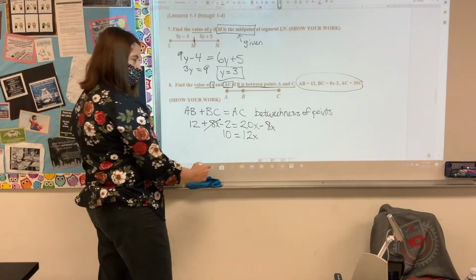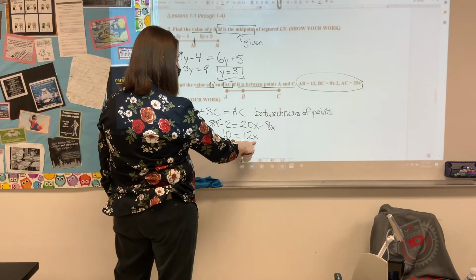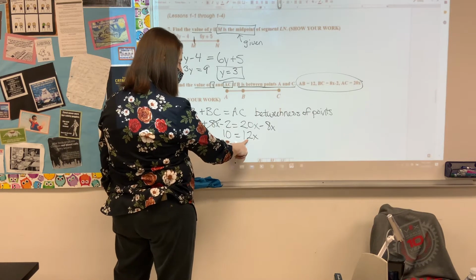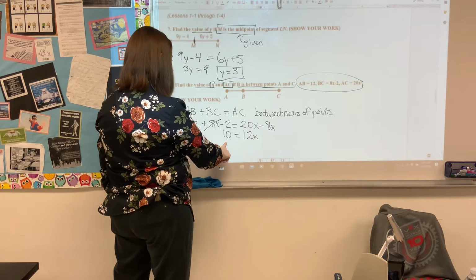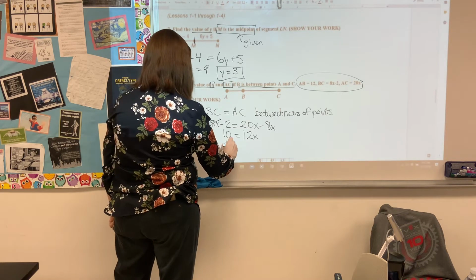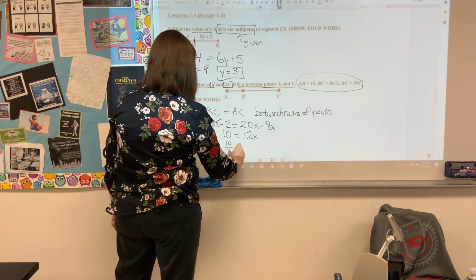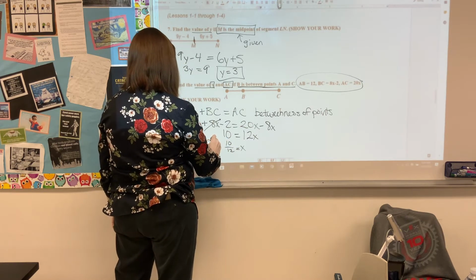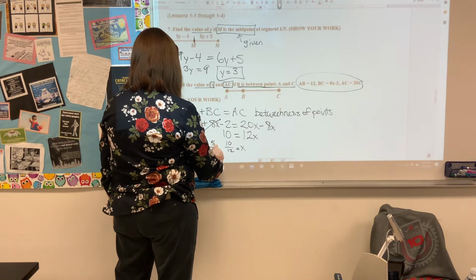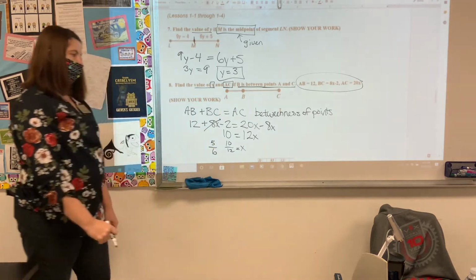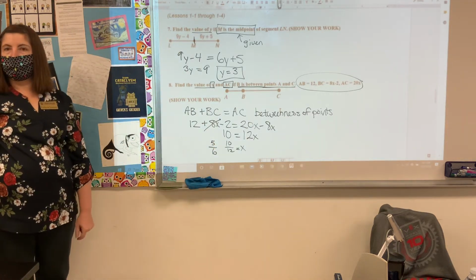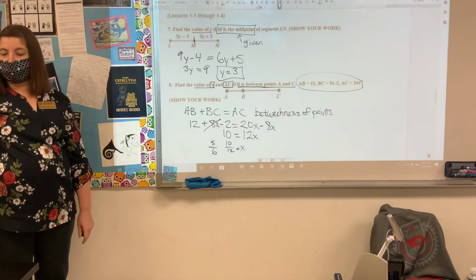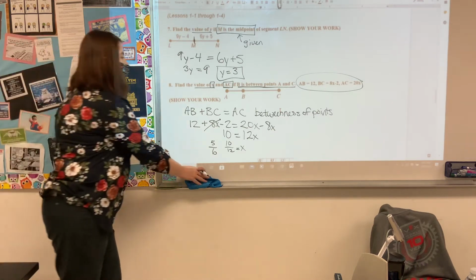And I don't know why. Okay? In order to solve for x, I have to divide by 12, divide by 12. So 10/12 equals x. I can also simplify that and call that 5/6. Anyone lost? Okay.